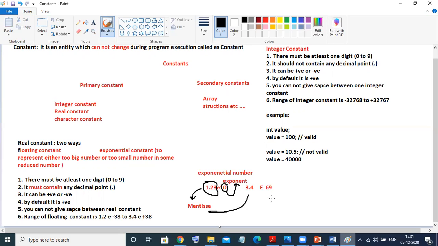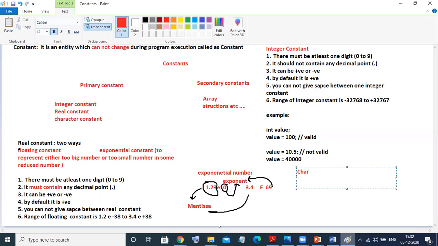So this is the mantissa and this 69 is the exponent. These are used whenever you want to represent a big number or a very small number in decimal format, then we use this exponential number.